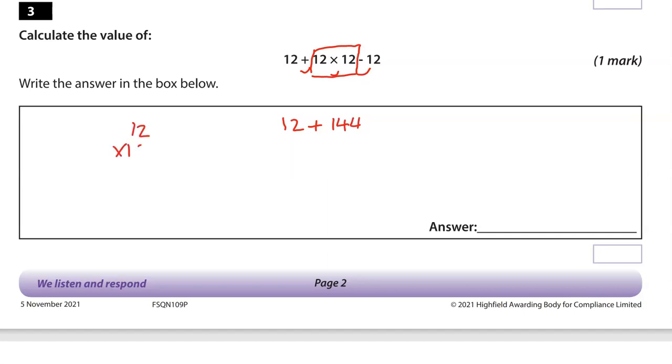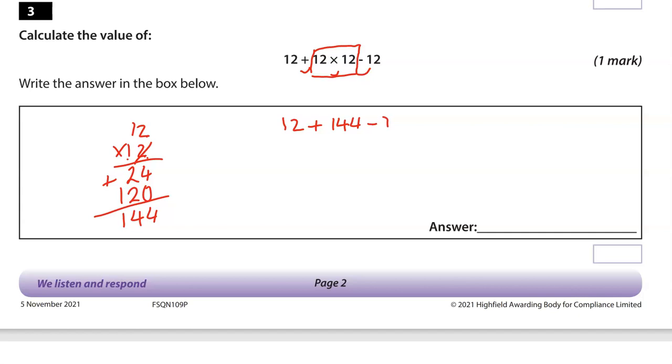So 12 times 12, 2 times 2 is 4, 2 times 1 is 2. Finish with the unit, put the 0 down. So 1 times 2 is 2, 1 times 1 is 1. Adding them together gives us 144. Now we've got 12 plus 144 minus 12, so we'll continue.